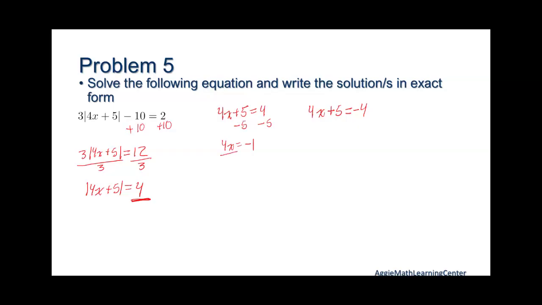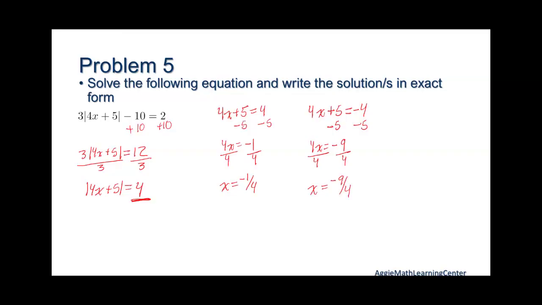Divide by 4. So x equals negative 1/4. And on the other side, we're going to follow the exact same steps. So first we subtracted 5, which is going to get us a negative 9. And after that we divided by 4. So x is going to equal negative 9/4.